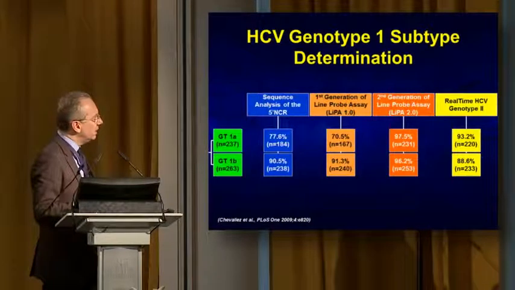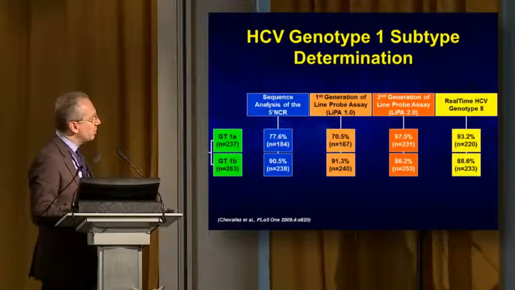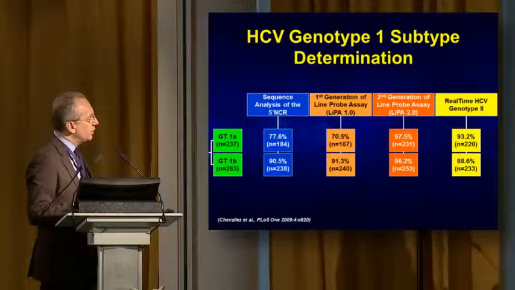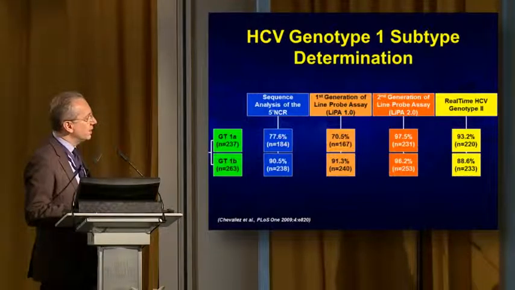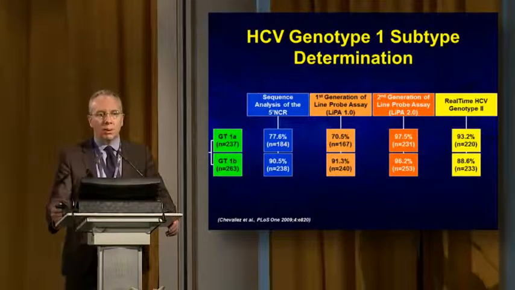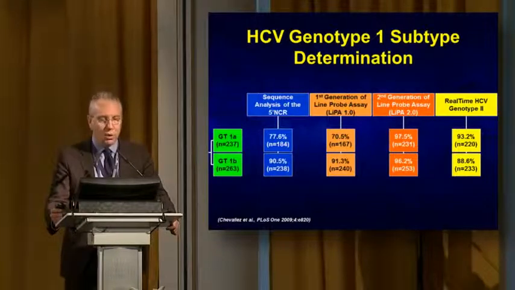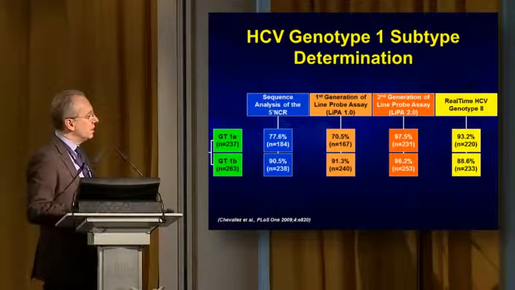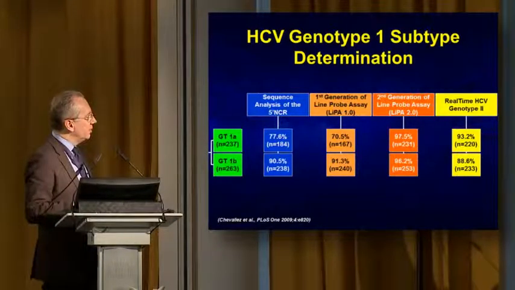This is sequence analysis of the 5' non-coding region, the first generation of the line probe assay, which only had probes in the 5' non-coding region, the second generation line probe assay I just mentioned, and a real-time based assay from Abbott. We had 2 groups of patients who were infected with genotype 1A and patients who were infected with genotype 1B.